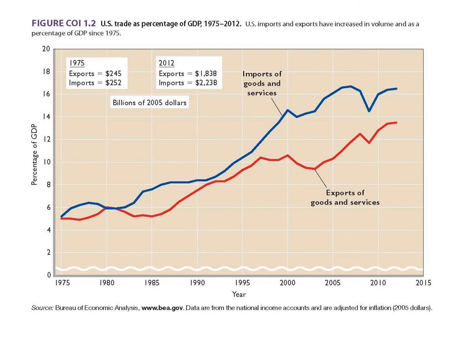And up top it tells you that in real terms, or in dollar terms, exports were 245 billion and imports were 252 billion. Then you can see how imports and exports have grown over time. So they've grown in real terms, but they've also grown in economic importance, right? The idea that as a percentage of our total economy, imports and exports have grown, right?